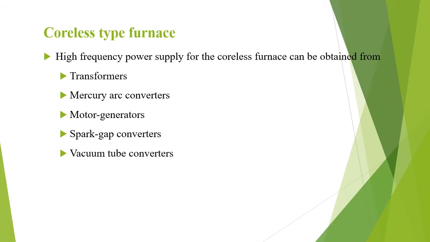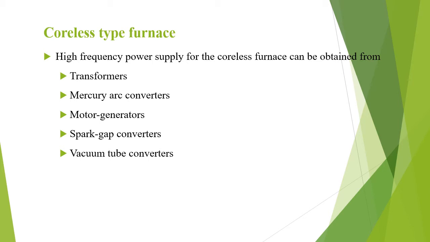The high frequency power supply for the coreless furnace can be obtained from transformers, mercury arc converters, motor generators, spark gap converters, and vacuum tube converters. Transformers can change the frequency only in the ratio 1:3 and the transformation is inefficient, so this method is not practically used.